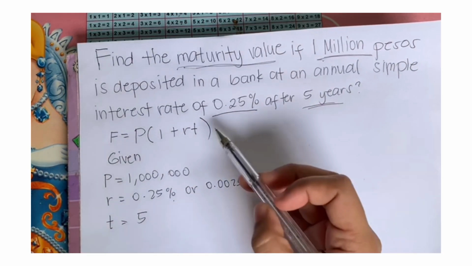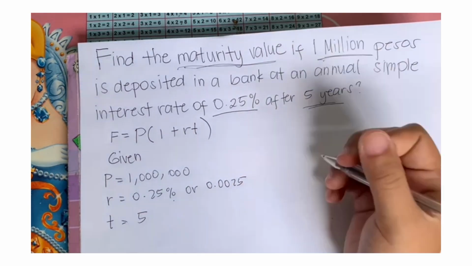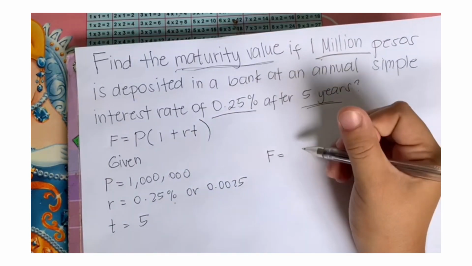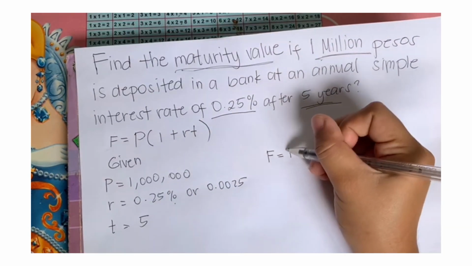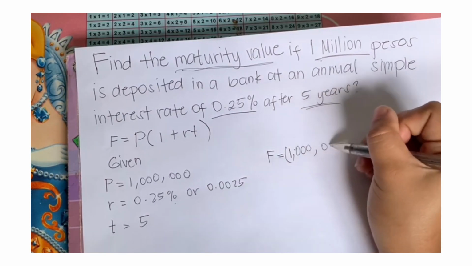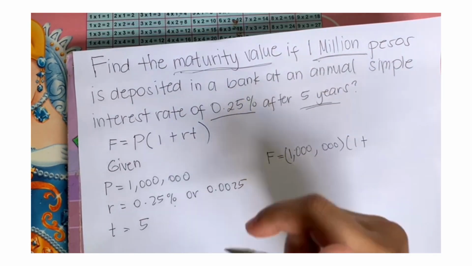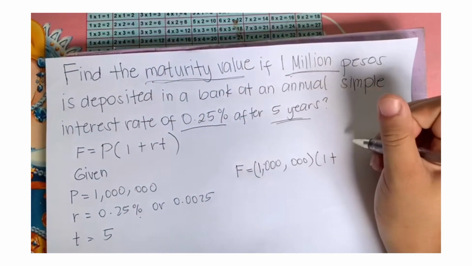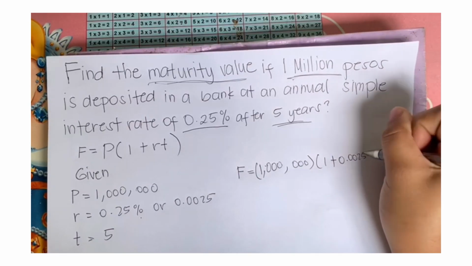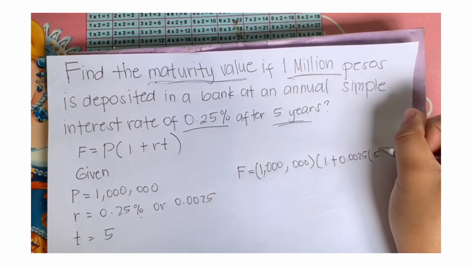Next, let's apply the formula. F is equal to P, which is 1 million, multiplied by 1 plus the rate, or 0.0025, multiplied by time, which is 5.